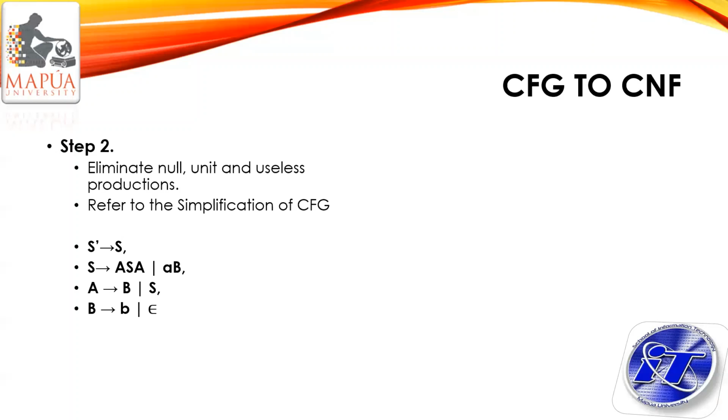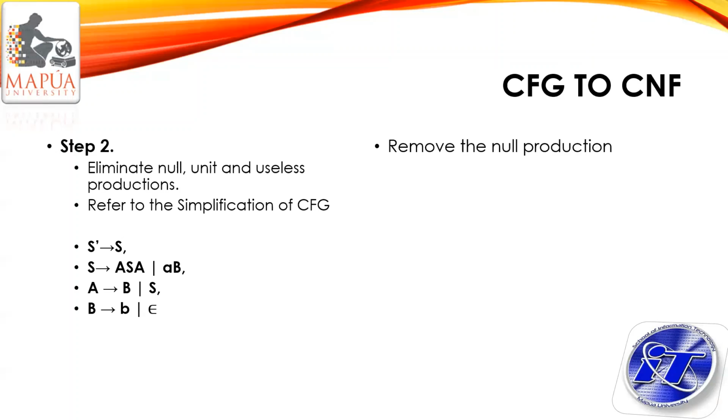The null production involves the fourth rule, B yields to null. Let's remove null in B by substituting null for B in the other rules. The other rules that have B are the first and second rules.